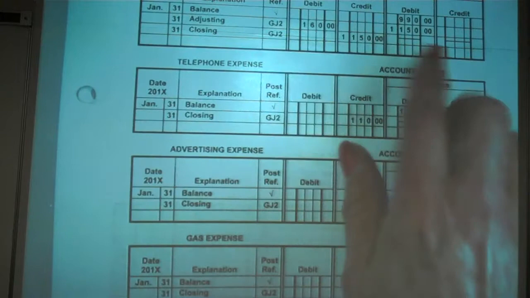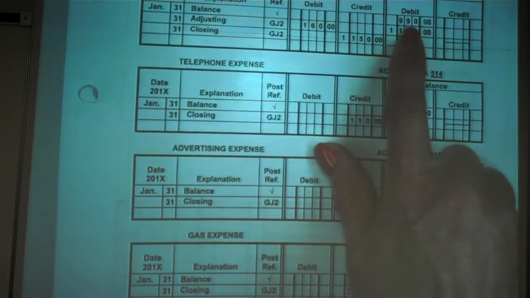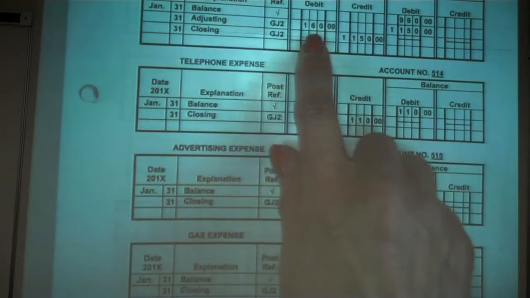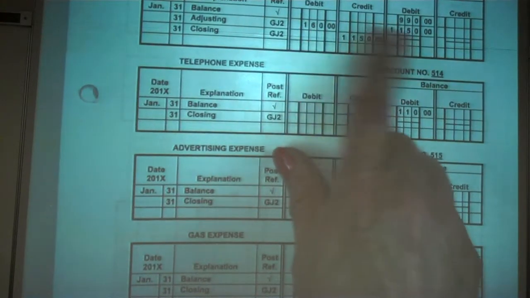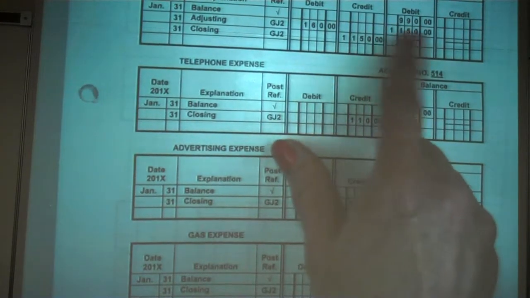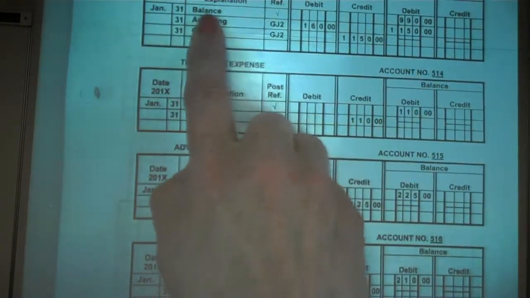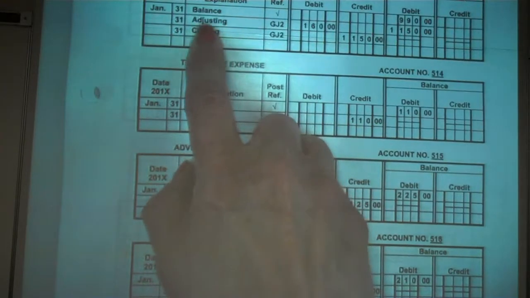It's not the same one that you're working on, but we had a debit balance. We posted a debit on the 31st as the adjusting entry, and our new balance should be those 2 added together.